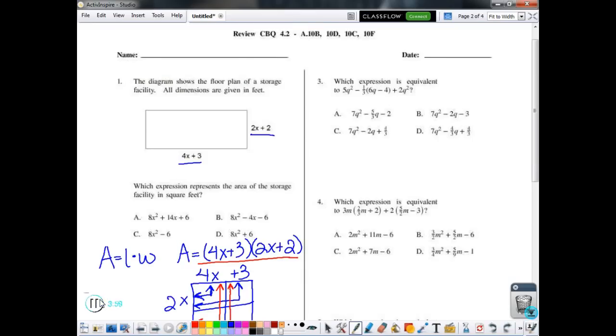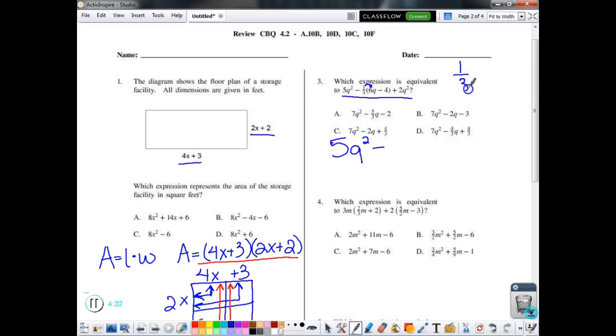Okay, so number 3, which expression is equivalent to, and they give you this expression. So we want to get rid of the parentheses, right? There's no parentheses in our answer choices, so we have to do what? How do we get rid of parentheses? You distribute, good. So if I have 5q squared, that's 5q squared minus, so 1/3 times 6 would be what?